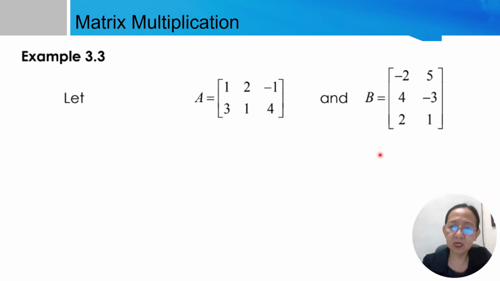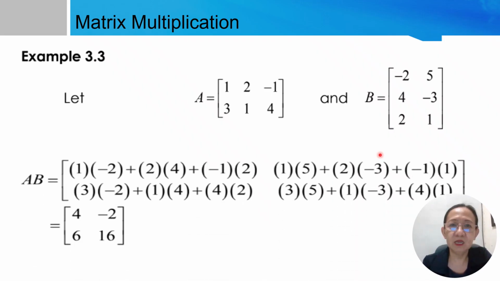If we are asked to find the product AB, we multiply the first row by the first column of matrix B. Therefore, we have here 1 times negative 2 plus 2 times 4 plus negative 1 times 2.